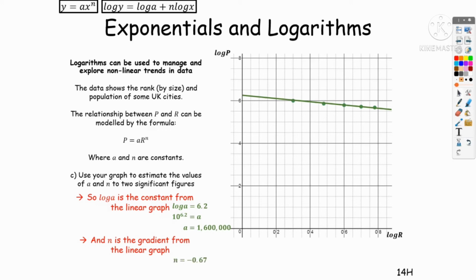So N is equal to minus 0.67, so it's negative, which implies that P is equal to 1.6 times 10 to the 6 R to the minus 0.67, which is the final equation for this particular question.